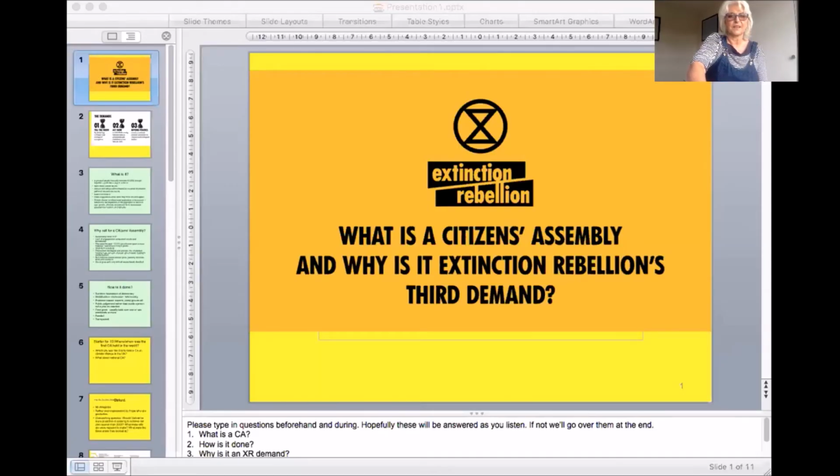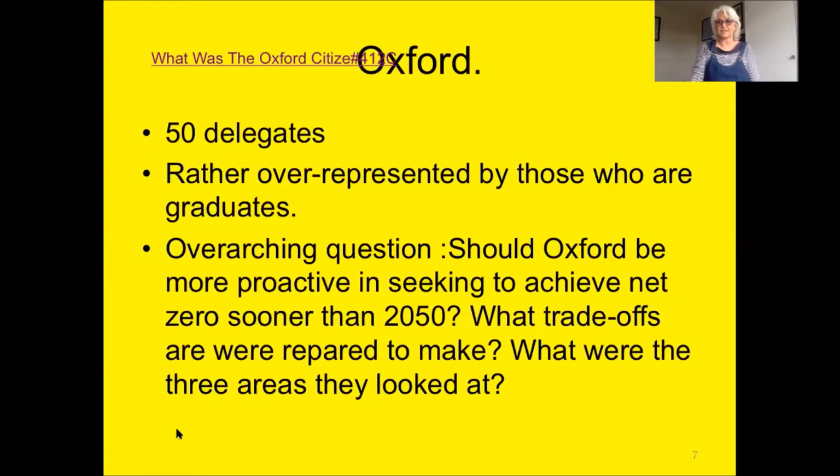So there you go. Actually, it wasn't just 3 areas. There were a number of areas that they looked at: transport, biodiversity, waste, energy, renewable energy and buildings. There's probably another one as well. The question of whether they had to reduce emissions didn't even come into it.